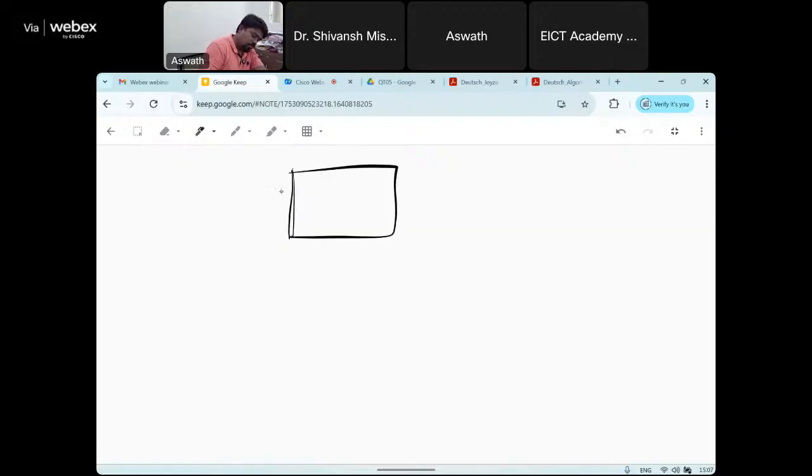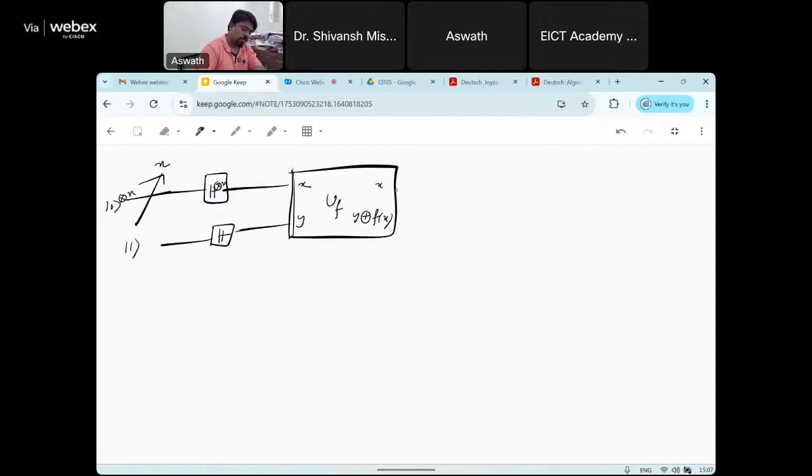We have x, y to x, y plus f of x, the unitary function, n Hadamards, 1 Hadamard, with n all-zeros input, 1 for the last qubit, and n Hadamards, and nothing here.